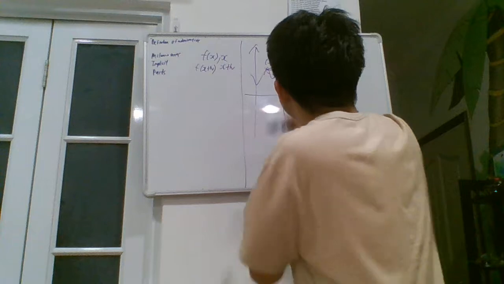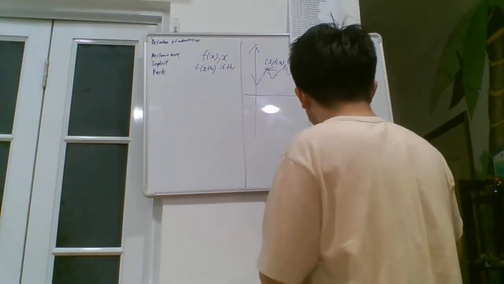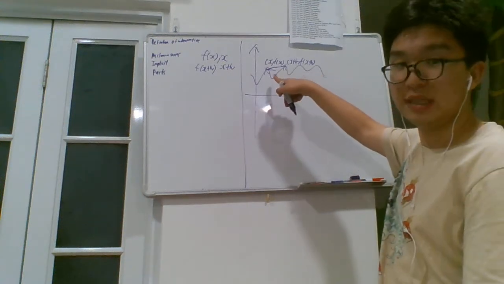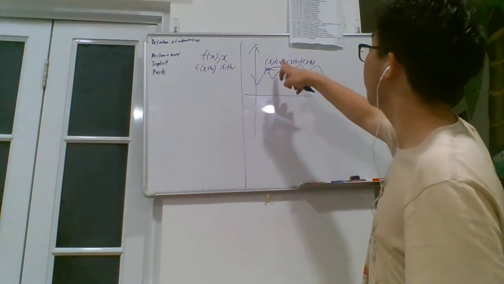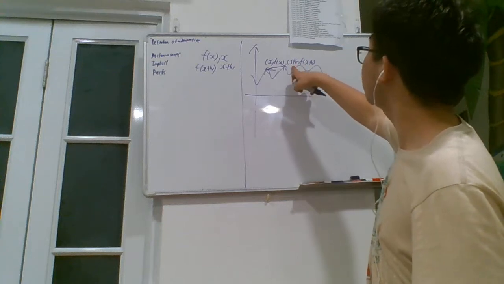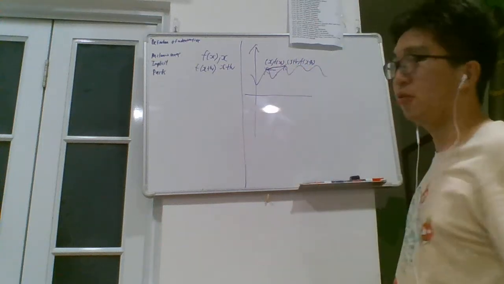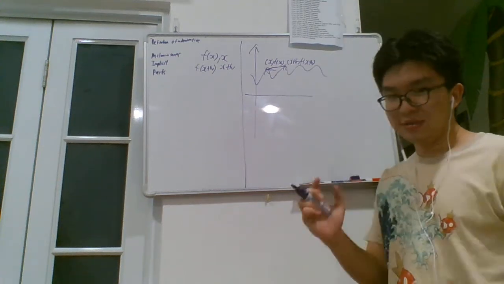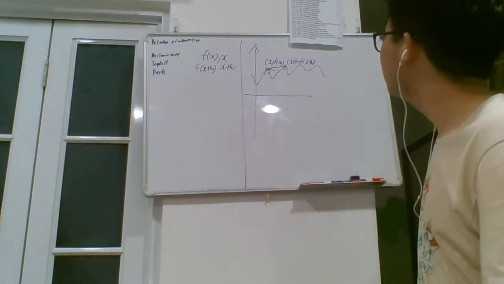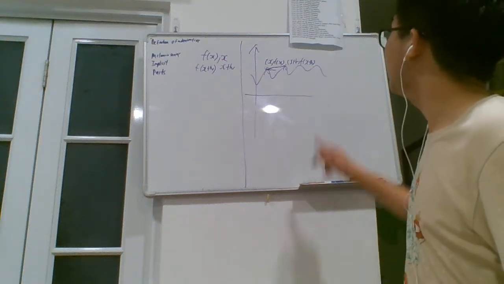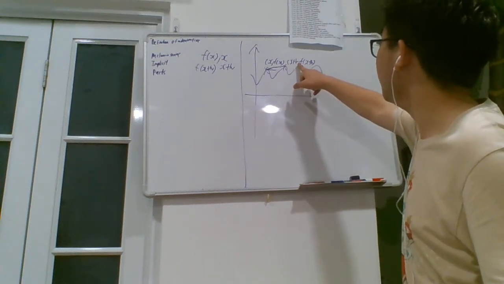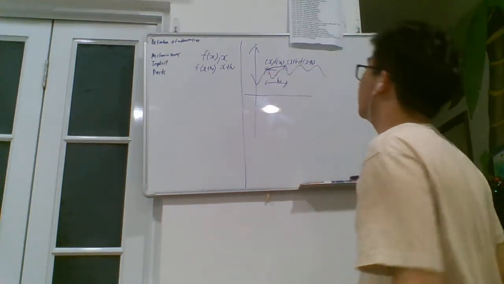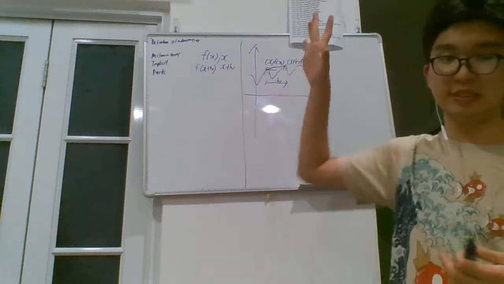You draw a line, and you can find the gradient of this line also by doing f(x plus h) minus f(x) over x plus h minus x, which is your y2 minus y1 over x2 minus x1. So this is where the fun starts. Let's assume that the increase of this is h, and let's assume h moves towards 0.